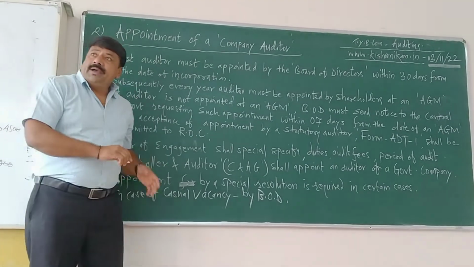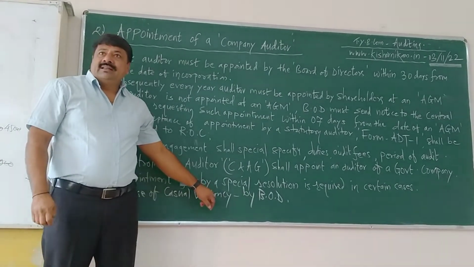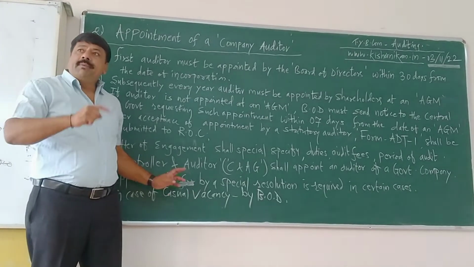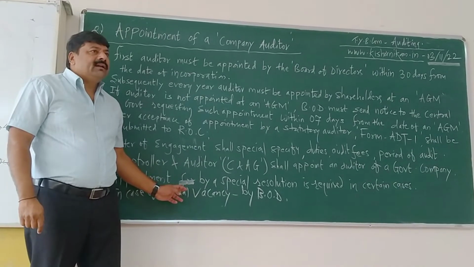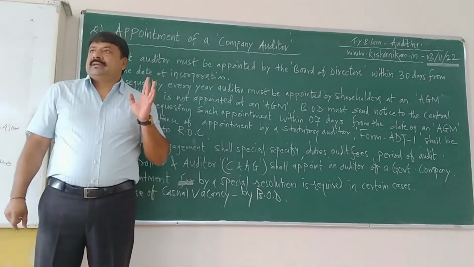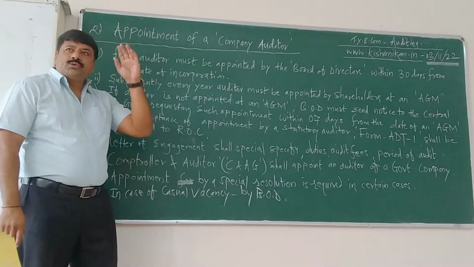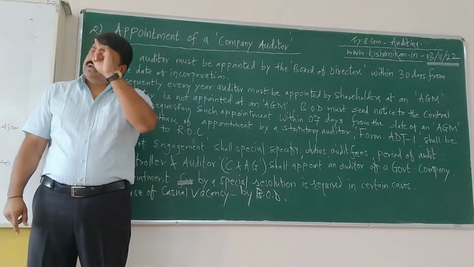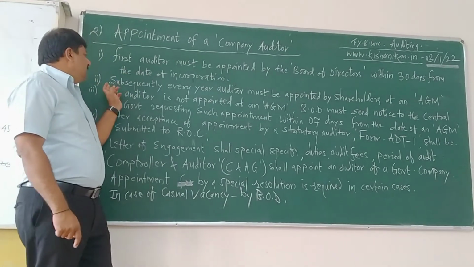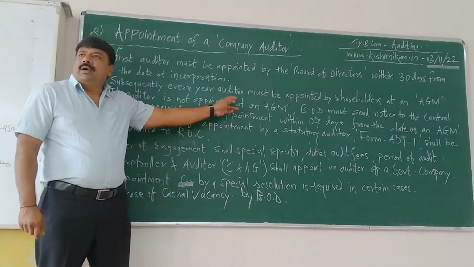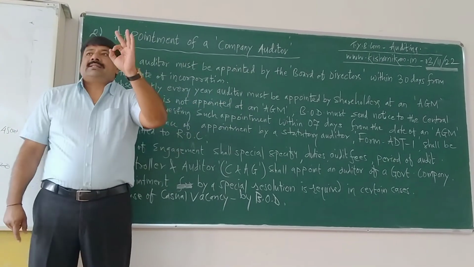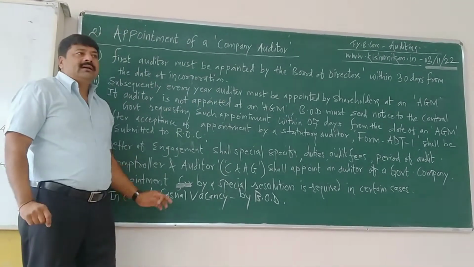Clear? If it is by resignation, then it shall be appointed by the shareholders only. If it is due to death or any other reason, then it can be filled by the board of directors. Otherwise, the board will appoint the statutory auditor only once, only the first auditor. Then subsequently, every year, the auditor shall be appointed only by shareholders at an annual general meeting.